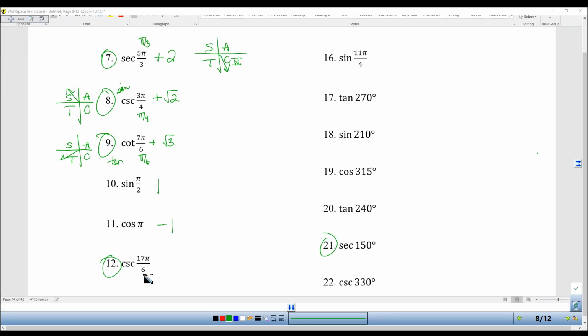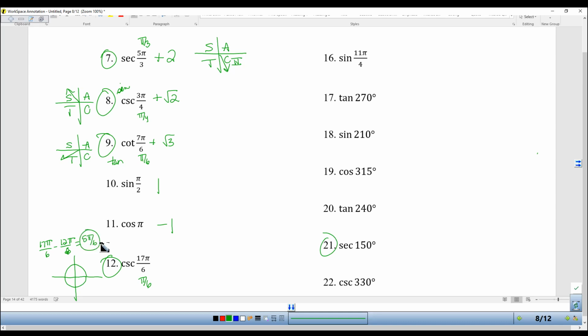All right, we got another hard one. Reference angle is pi 6, and now this one's especially hard because it's greater than 12 sixths. So 12/6 is once around. So I have to think about the coterminal angle here. 17 pi 6 minus 1 whole time around, which is 12/6, or 2 pi, is going to give me 5 pi 6.